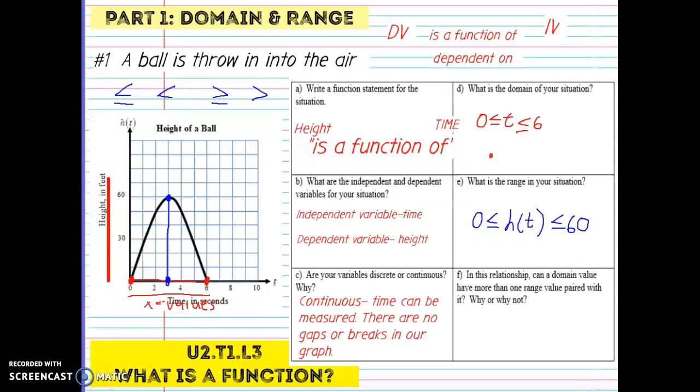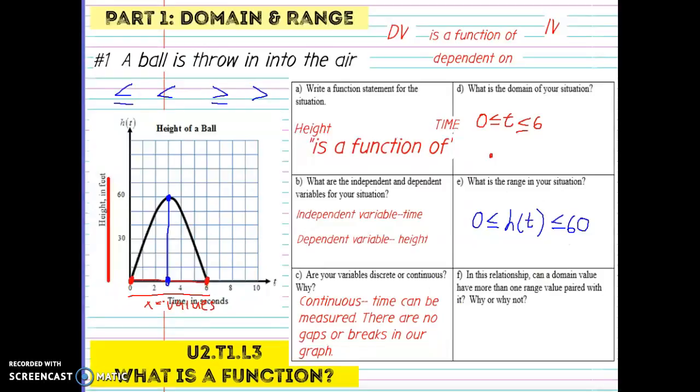Okay, so now this last question asks, in this relationship, can a domain value have more than one range value paired with it? Why or why not? Well, we have to remember, what is a characteristic of a function? They're basically saying, is this a function, yes or no?